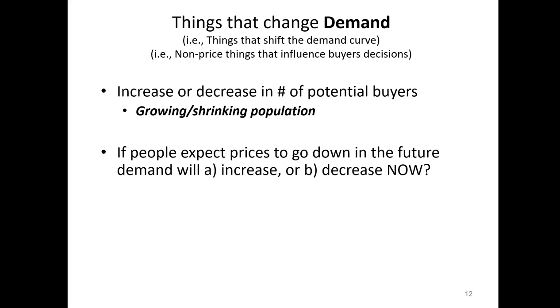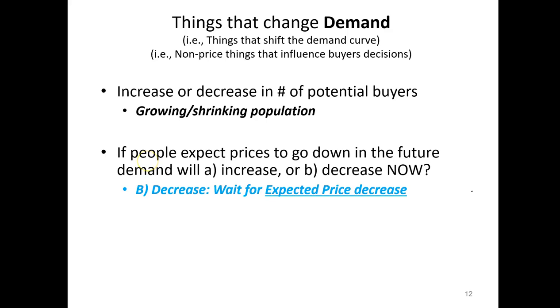So if the subsidy, i.e. the federal government basically helping people pay for electric vehicles, does in fact go away, or people expect that to go away, that's going to increase demand now because people are going to buy before the price goes up. So if people expect the price of electric vehicles to go up in the future, they're going to increase their demand now. Now, the question I actually have on the slide here says if people expect price to go down in the future, the opposite of the example I just went over.